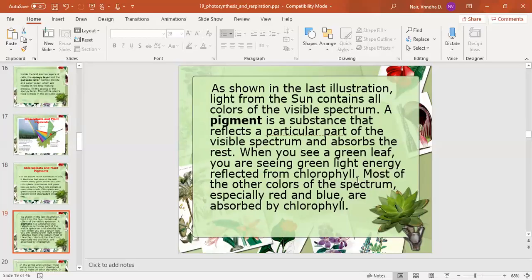Whenever we see a color, for example a blanket in red color, the red is being reflected back to us. That is why we see the color red in the blanket. In the same way, if you're seeing green, it is because the chlorophyll is reflecting the green, and our eyes are grabbing the green color, so we see that the chlorophyll is green in color.